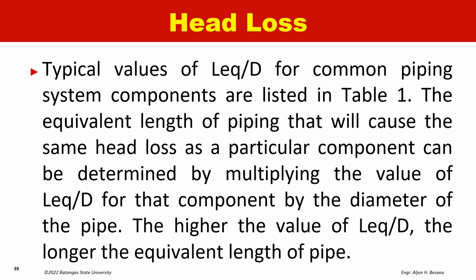We have typical values of equivalent length divided by diameter for common piping system components listed in the following table. The equivalent length of piping that will cause the same head loss as a particular component can be determined by multiplying the value of the equivalent length over diameter for the component by the diameter of the pipe. The higher the value of length over D, the longer the equivalent length of the pipe.